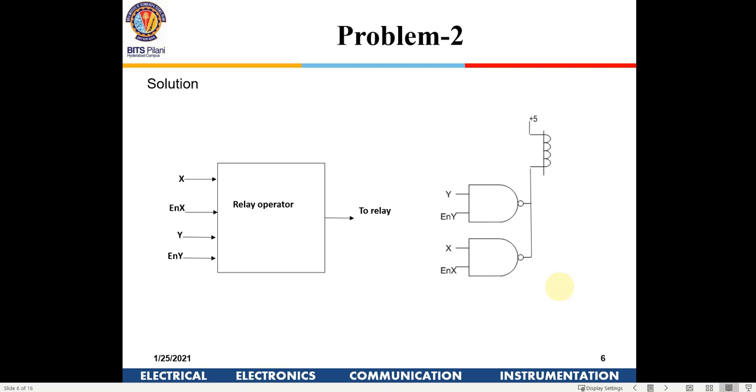Is there any issue in implementing it like this? Sir, if both channels become high or low... If both are high, and if both are low, then there is no problem. But if one is high and one is low, it could become an issue, right? For a single line, we will have 0 and 1.